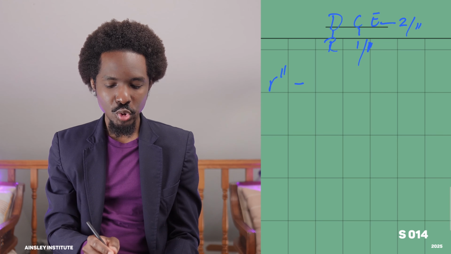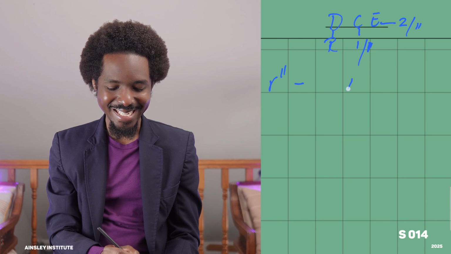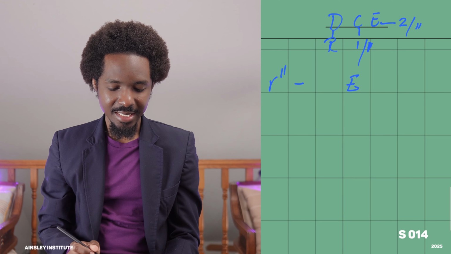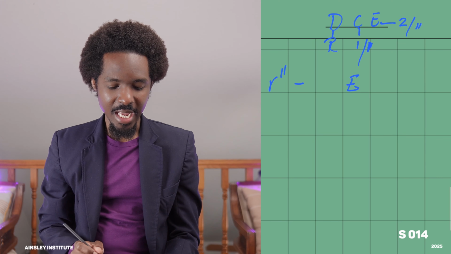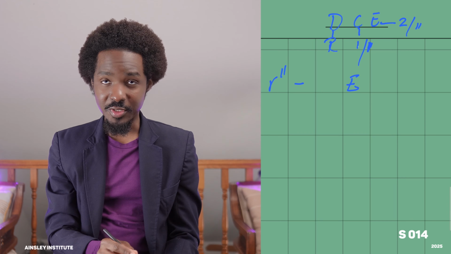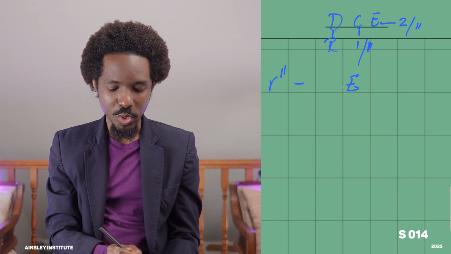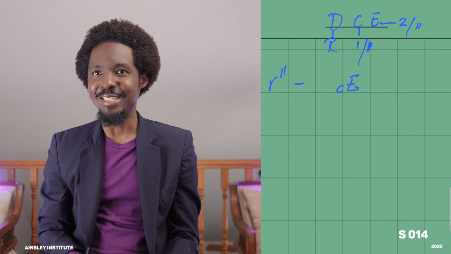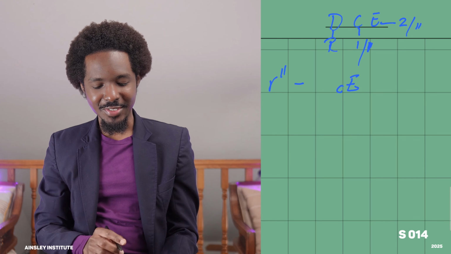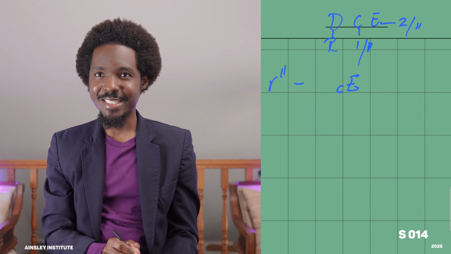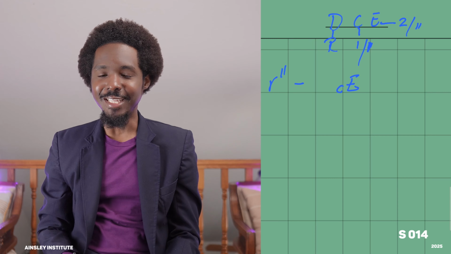So this 2 is indicating that there is a big E present. And we don't see any notation for the big C, so we're going to put a small c. So this here would give us lowercase c and big case E.